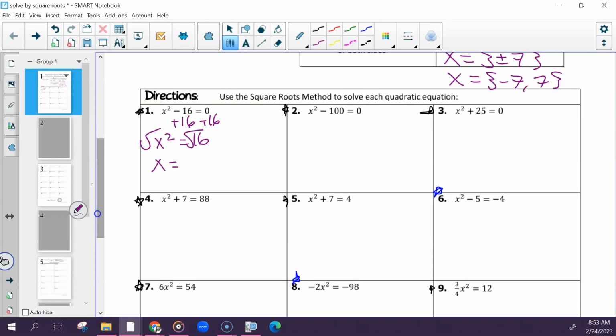So we can go straight into our answer and do plus or minus 4, or negative 4 and 4. Does it matter if the negative comes first? It always has to go least to greatest. Is it also fine if you just do x equals plus or minus 4 instead of the bracket? You have to do the curly brackets as part of your answer, your set notation.